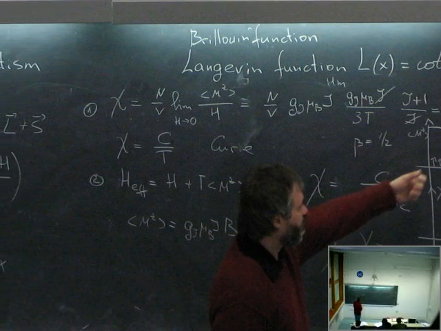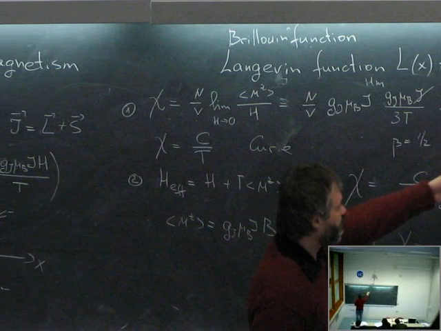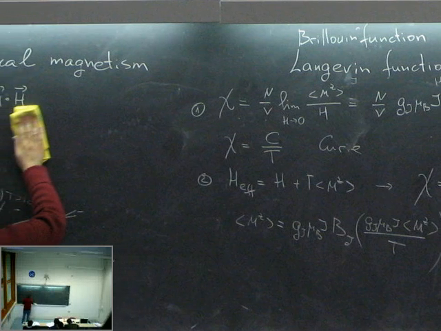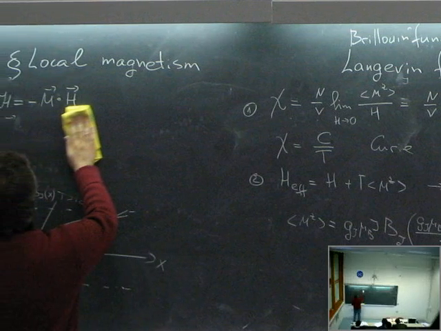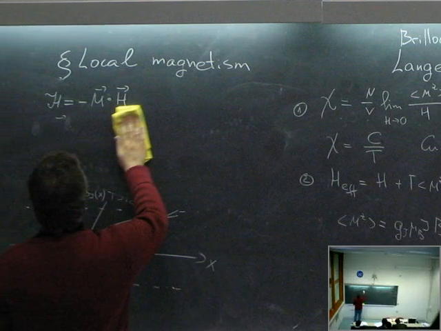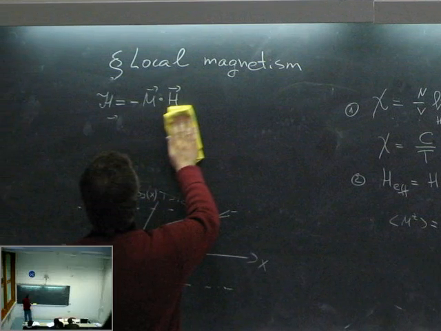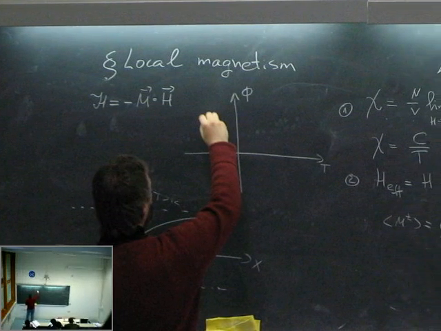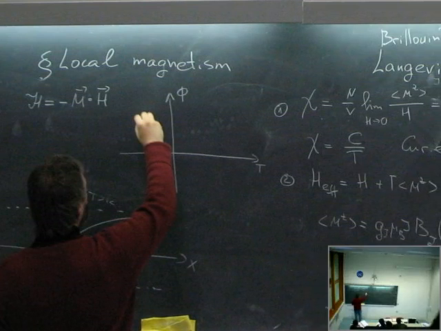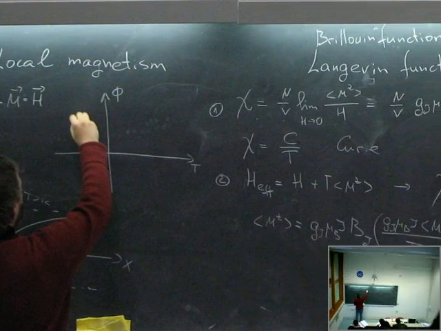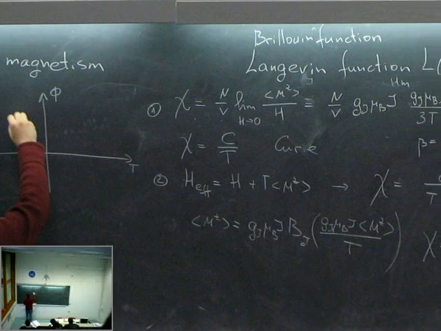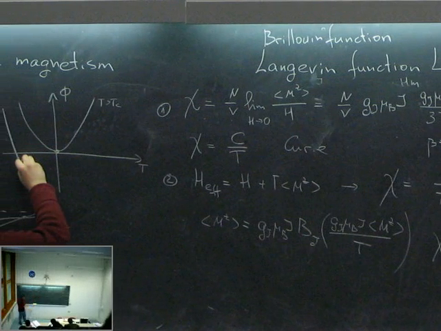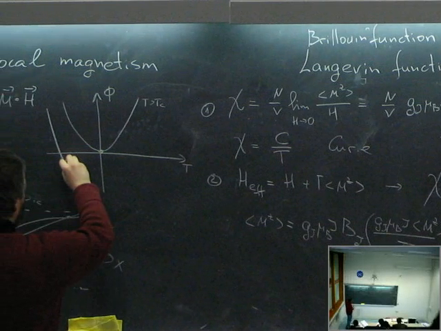Sometimes people discuss that kind of phase transition in terms of Landau theory, which says that if we plot, say, free energy as a function of magnetization, then for temperature larger than Tc there is only one minimum, while for temperatures smaller than Tc there are two minima.